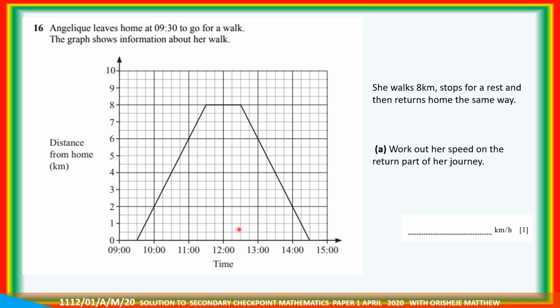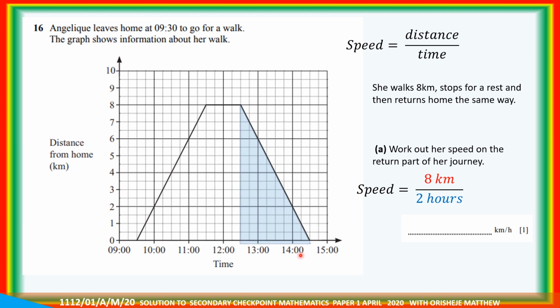So from the time, from 12:30 to 2:30, how long is that? About 2 hours. So speed is distance divided by time, which gives me 4 kilometers in every hour. So she walked 4 kilometers in every hour.